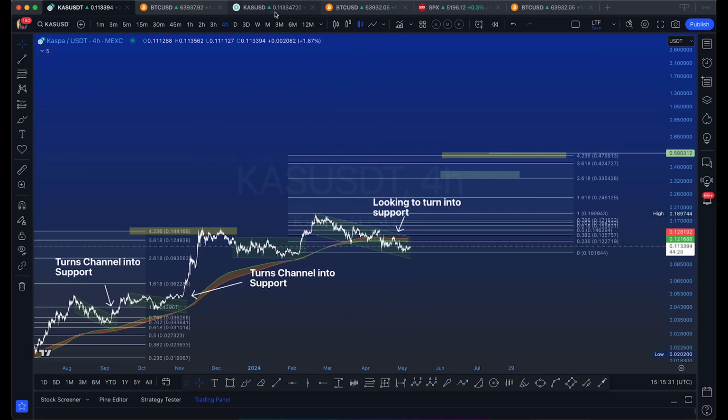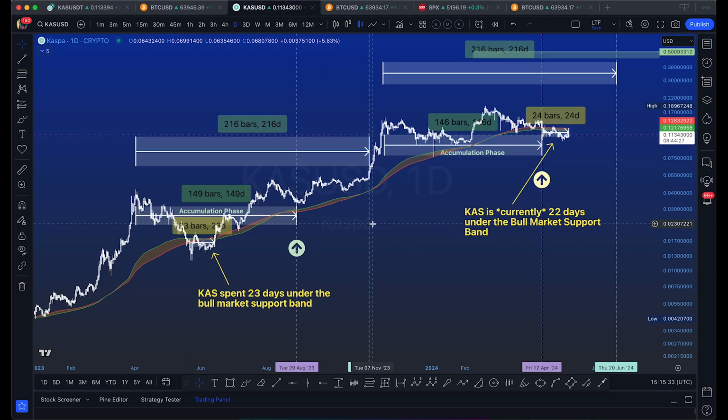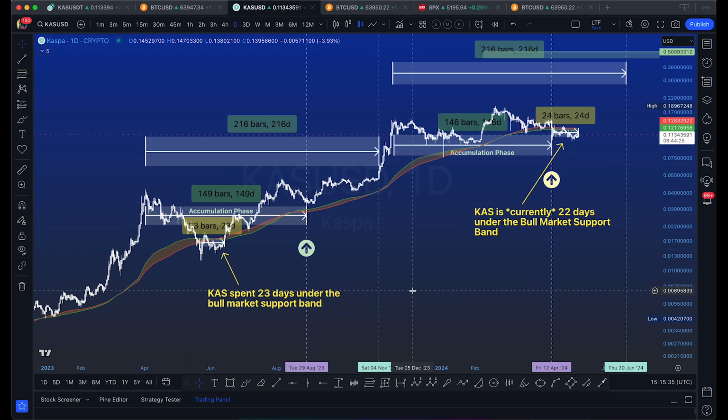You can see timing-wise, we'll look at another Kaspa chart here. Timing-wise, this range, this phase here, as I've shared a few times already, lasted in the 4 to 5 cent area for about 216 days before it popped up.